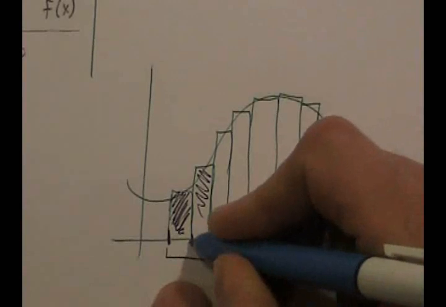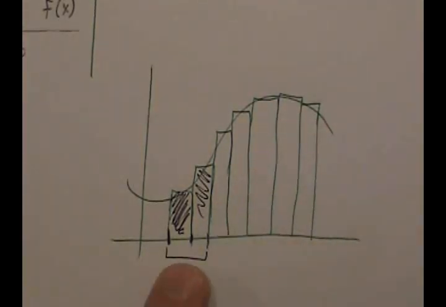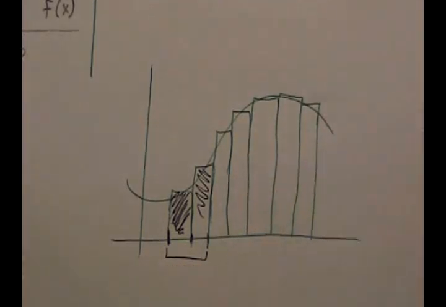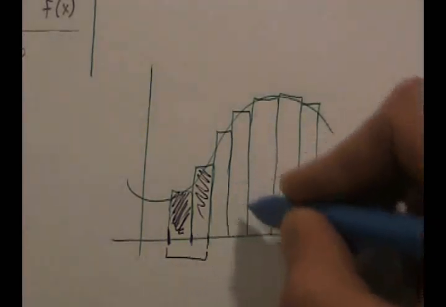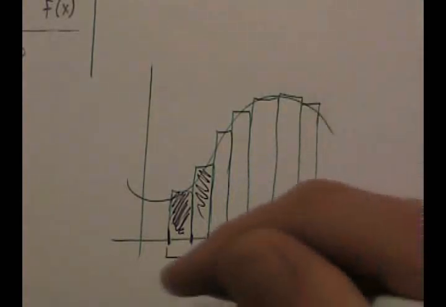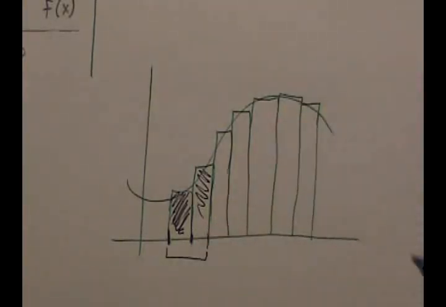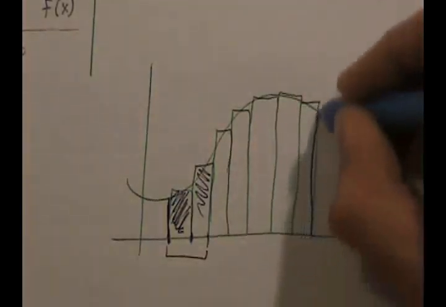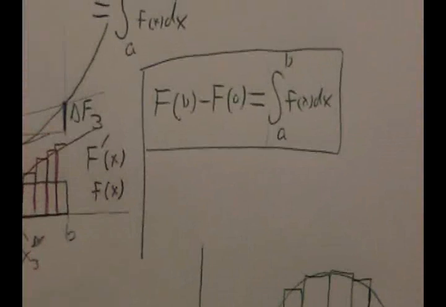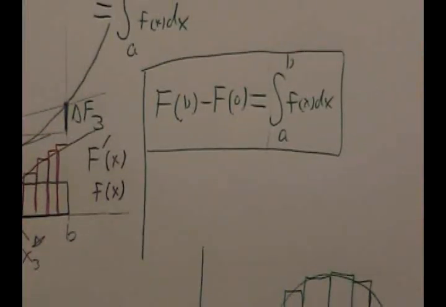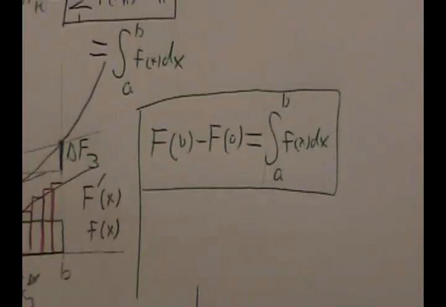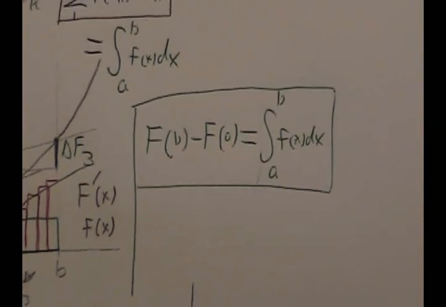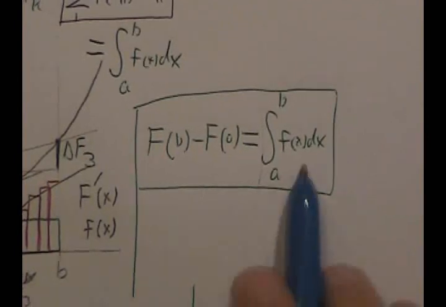We sort of cut this middle guy out, and with each one that we do, what you find is they kind of cancel each other out, all the up and down changes, so that all that's really left is, excuse me, the ones on the ends, which is big F of b minus big F of a. And that is yet another way of looking at the fundamental theorem of calculus, how to find areas under curves using antiderivatives.